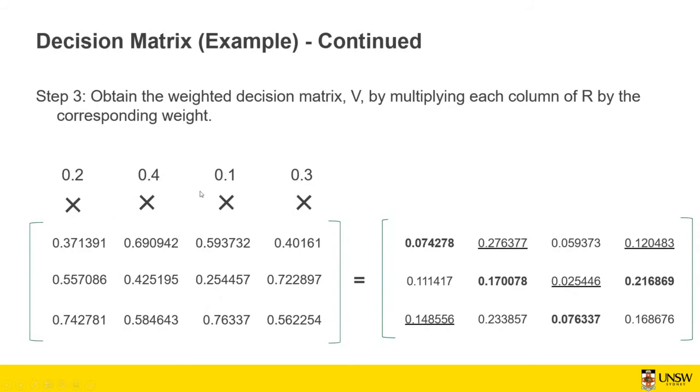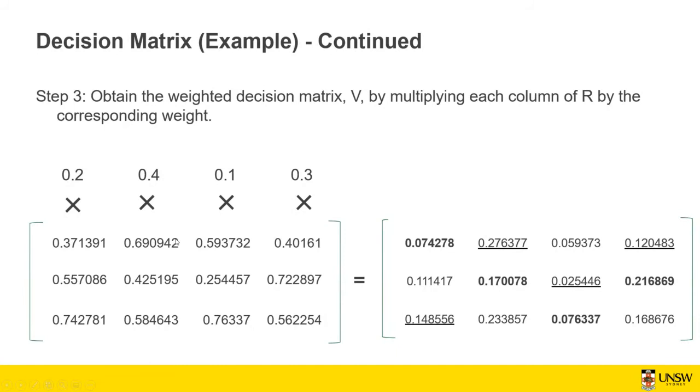Okay, but for now let's assume that you got this weight for each column. Each column is your criteria. So you got 4 columns, which means that you got 4 criteria. The way that you're going to make the V matrix, which is the weighted decision matrix, is you just need to multiply each column by this number. So 0.37 multiplied by 0.2, you put it here. 0.55, you multiply it by 0.2, you put it here, and do the same for this.